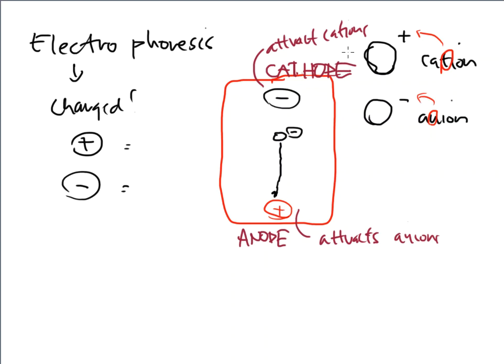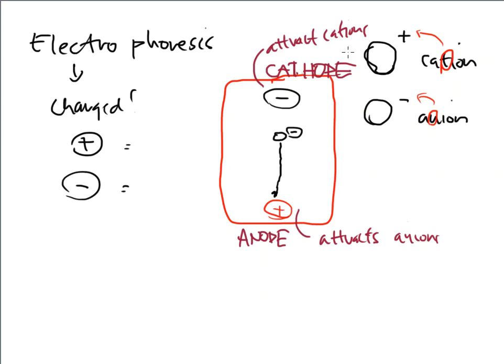C-A-T-H-O-D-E. Cathode. So we have cathodes that are attracting cations. We have anodes that are attracting anions, right? The cathode has to be negative. That way it can attract cations, and the anode has to be positive. That way it can attract the anions.